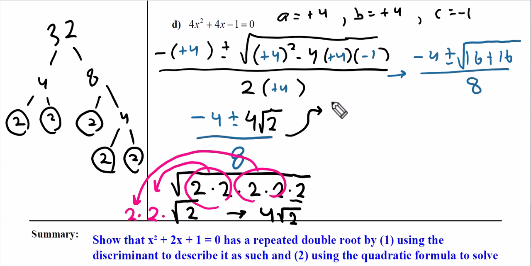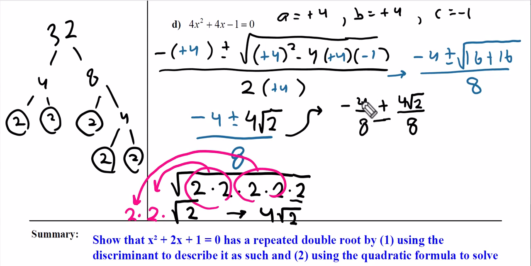And I can split this up into 2 fractions. We generally split this up into 2 fractions if I can reduce something somewhere. So you'll note that in B and C, I didn't separate into 2 fractions because there's nothing to reduce. In part A, I did that, and in part D, I am doing the same thing because I can reduce.